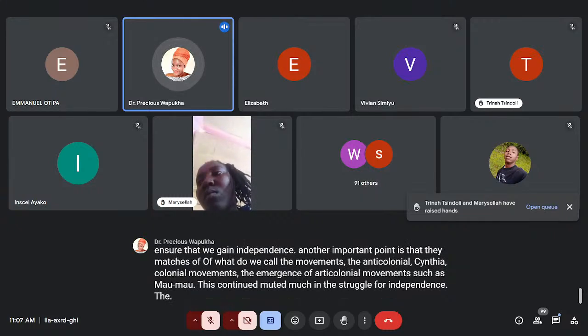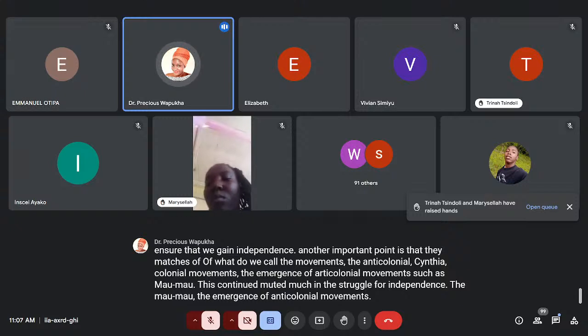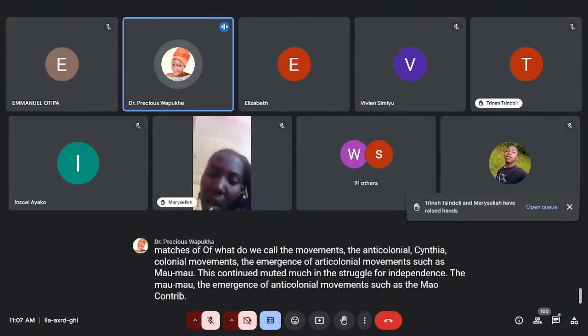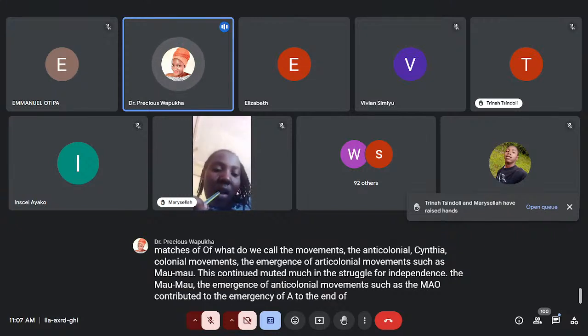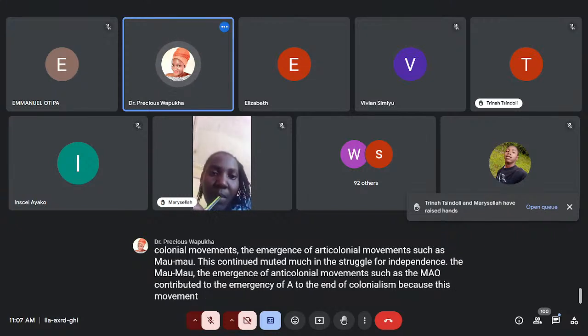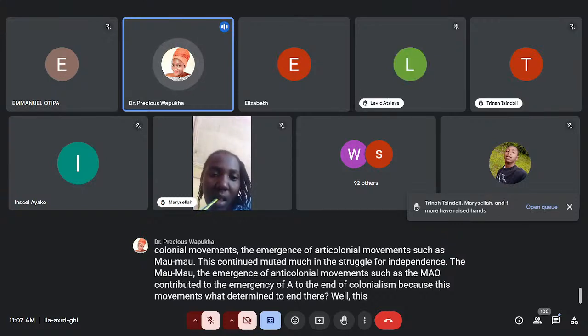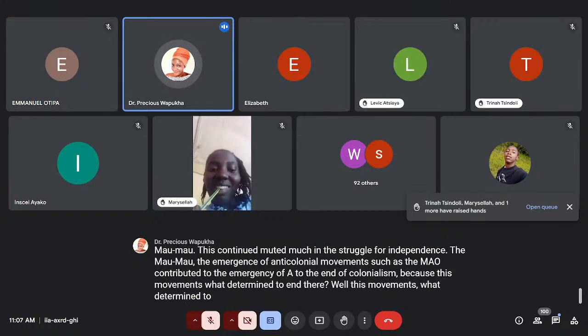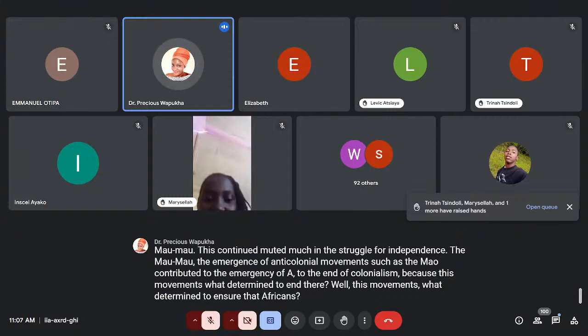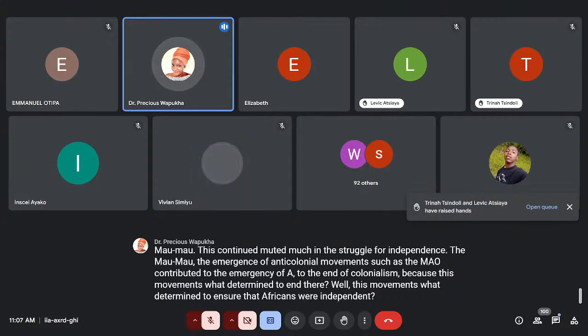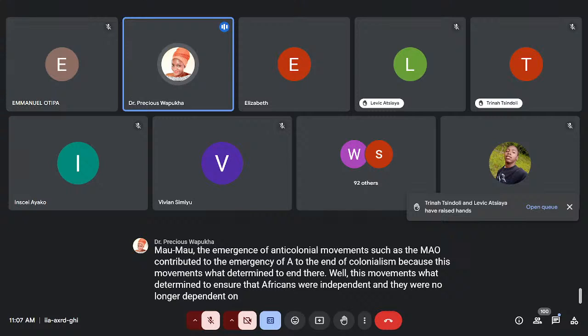The emergence of anti-colonial movements such as the Mau Mau contributed to the end of colonialism, because these movements were determined to end colonialism. These movements were determined to ensure that Africans were independent and no longer dependent on Europeans.